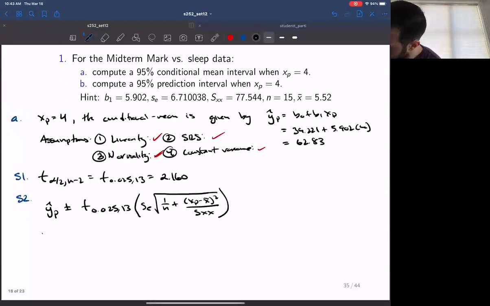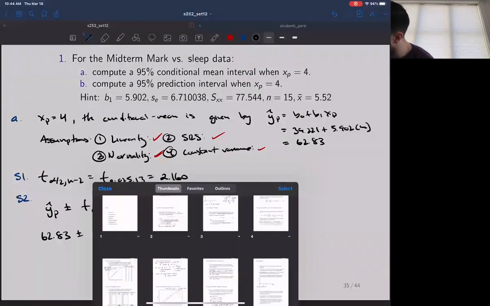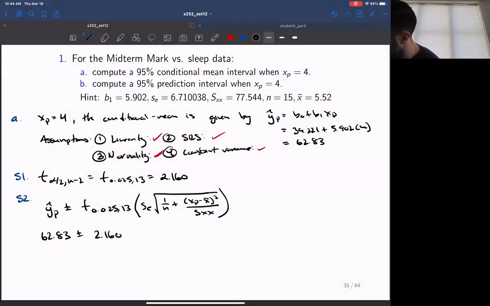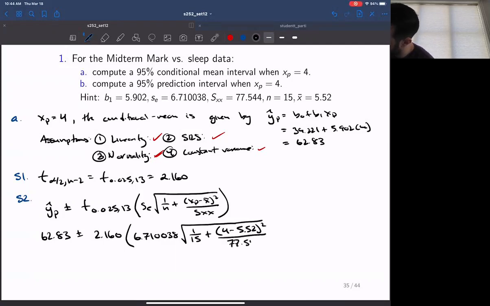So this is going to be 62.83 plus or minus 2.160 multiplied by 6.710038 multiplied by the square root of 1 over 15 plus 4 minus 5.52 squared divided by 77.544.